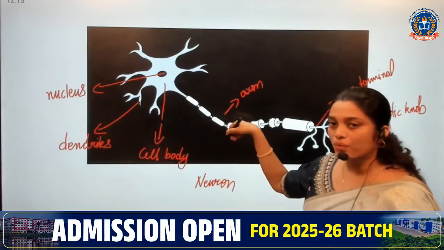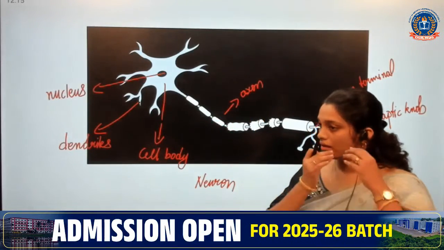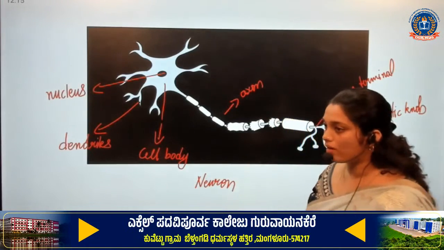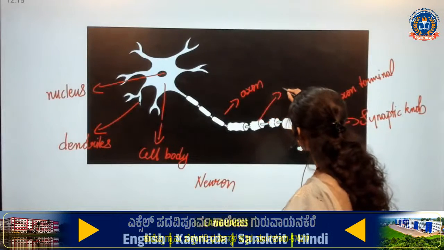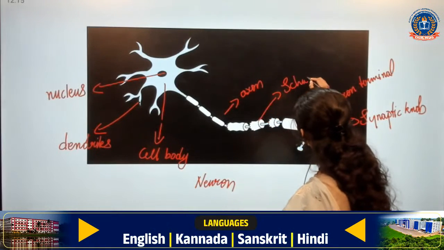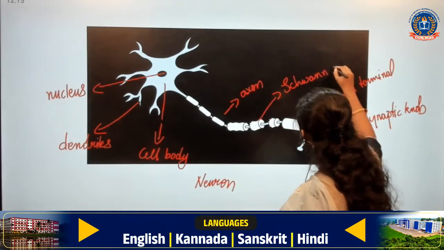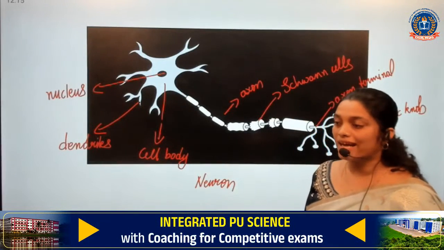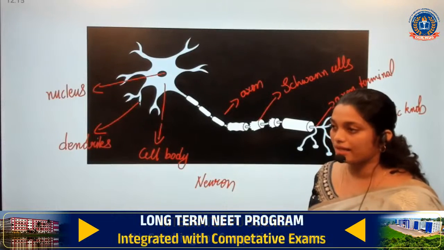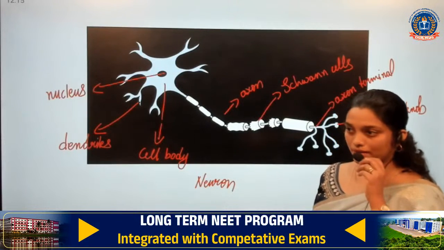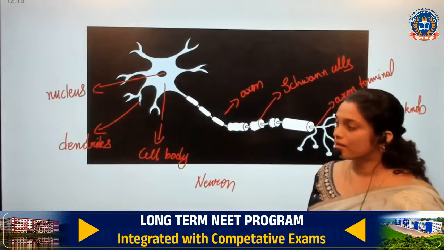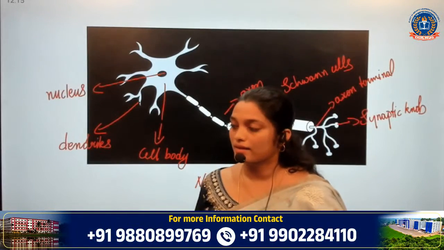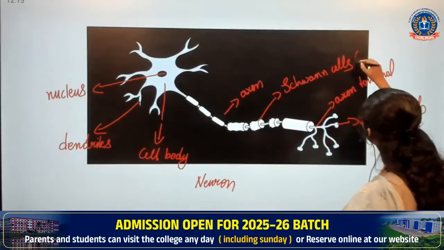Right, and the axon was covered by what? The axon was covered by Schwann cells. And the Schwann cell secreted some material, what was that? Myelin, right?